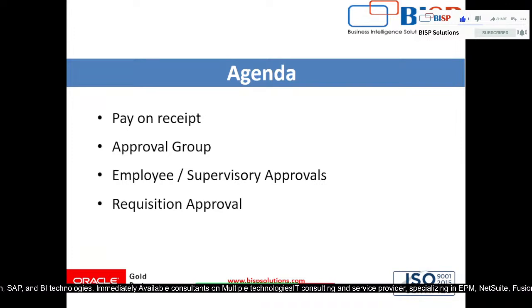And at the end, the requisition approvals, what are the different kinds of options we have in the approval system, we'll see. So we have the last topic, from the pay on receipt, start with the pay on receipt.